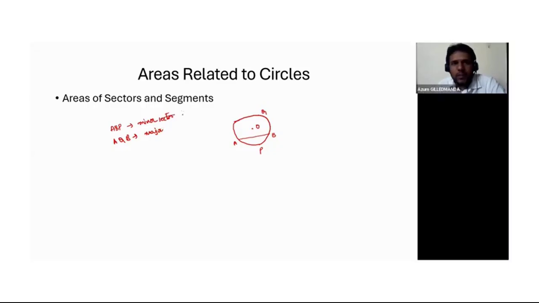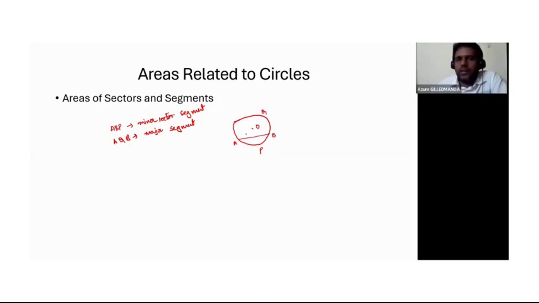Sorry, not sector, segment. A sector is that triangular or pizza shape. So if we draw a chord AB that divides the circle into two parts, the smaller, bottom portion is the minor segment, and the bigger portion is the major segment.